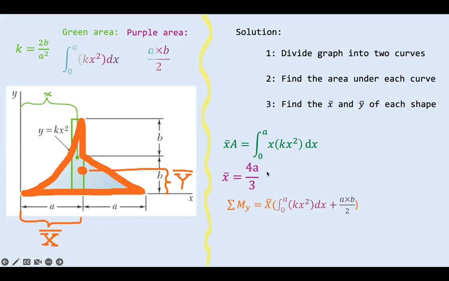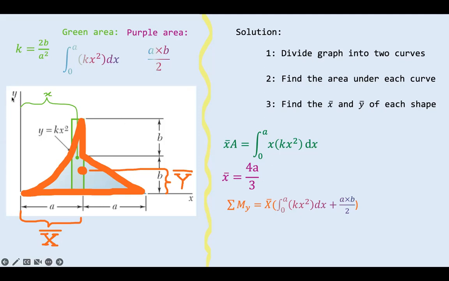So the sum of the moments about y, we need to do this to get the centroid of the overall orange shape, is equal to the centroid of the overall shape multiplied by the integral from 0 to a of kx squared dx plus a times b over 2.